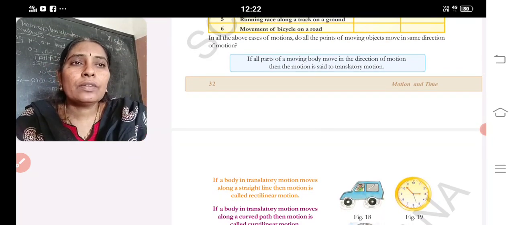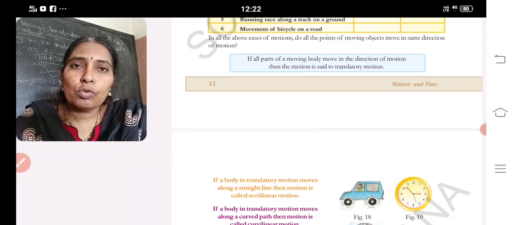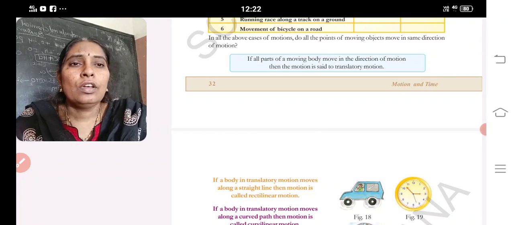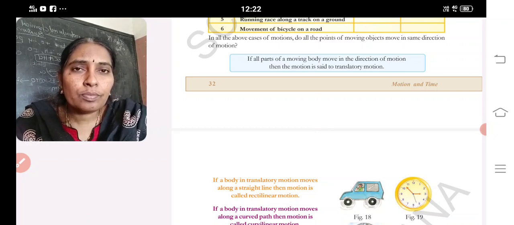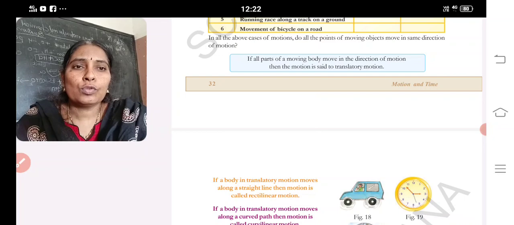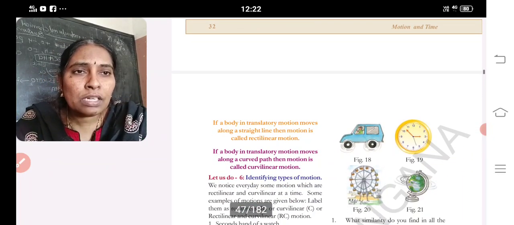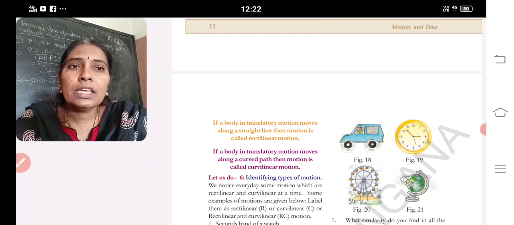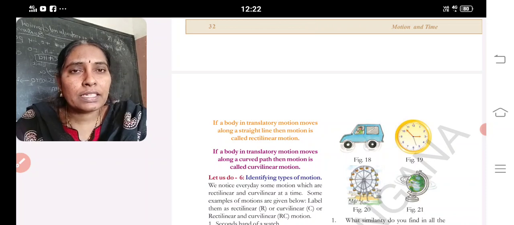If all the parts of a moving body move in the direction of motion, then the motion is said to be translatory motion. In translatory motion we have two types: curvilinear motion and rectilinear motion.